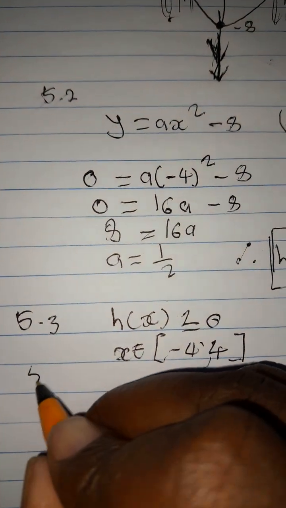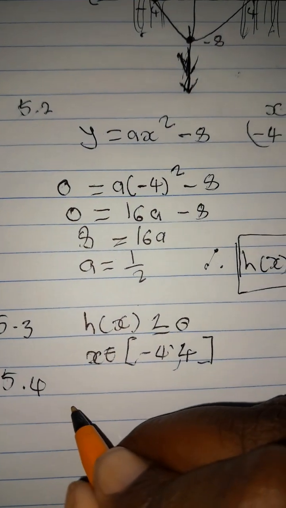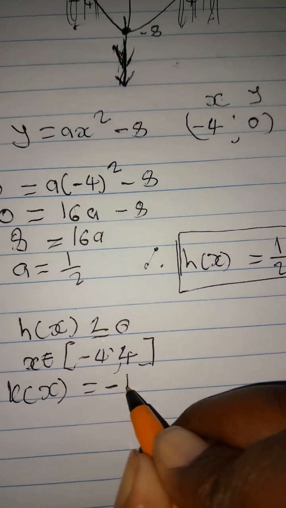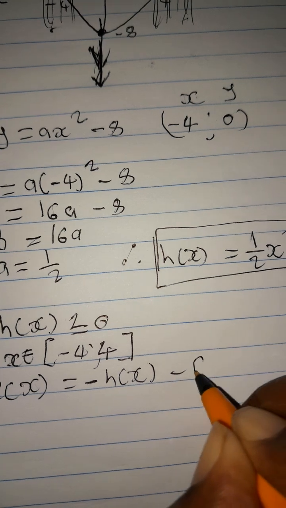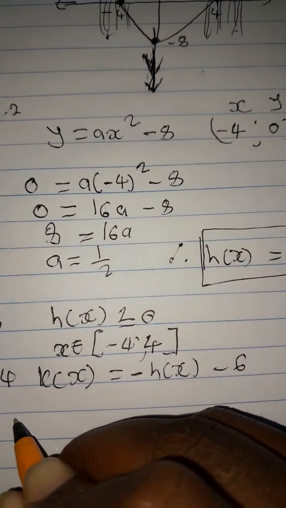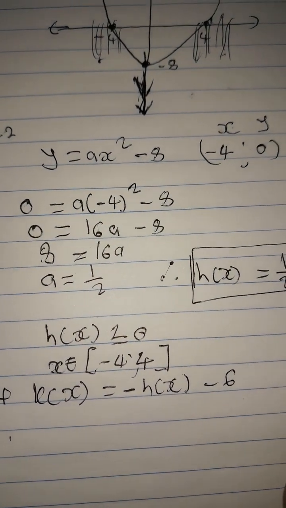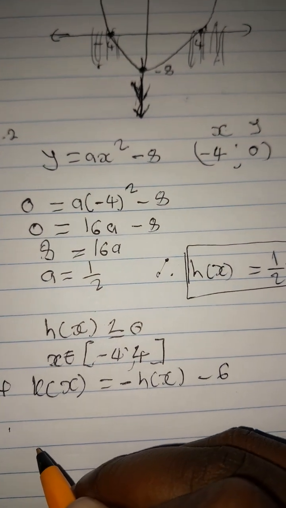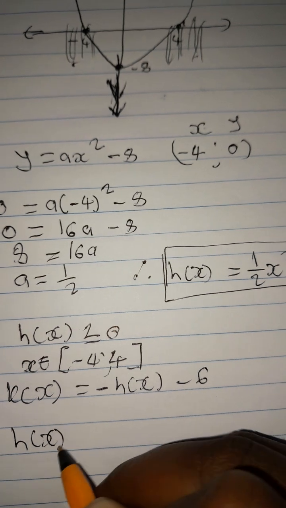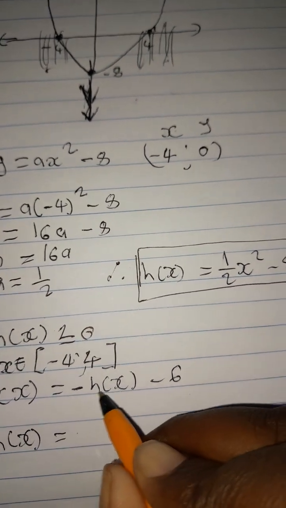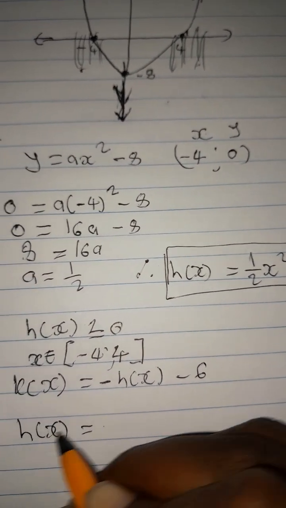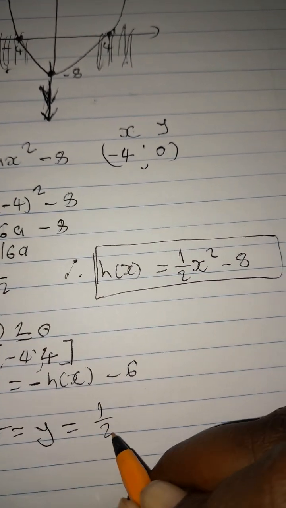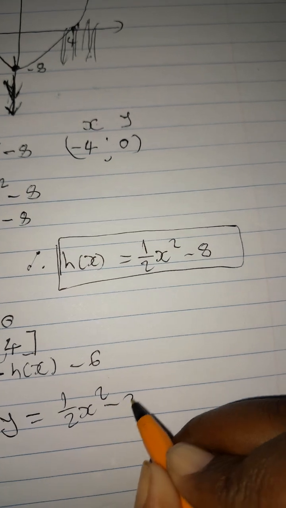So for 5.4, they said k of x is equal to negative h of x minus 6. So let's go to h of x, guys. Let's go to the graph of h of x. Remember, we did calculate it. Let me write it in the form y is equal to half x squared minus 8.